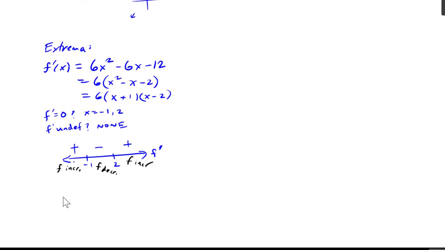And because of what I'm seeing, increasing then decreasing, here I have a relative max at -1 something. And here, because of the decreasing then increasing, I have a relative min at 2 something.